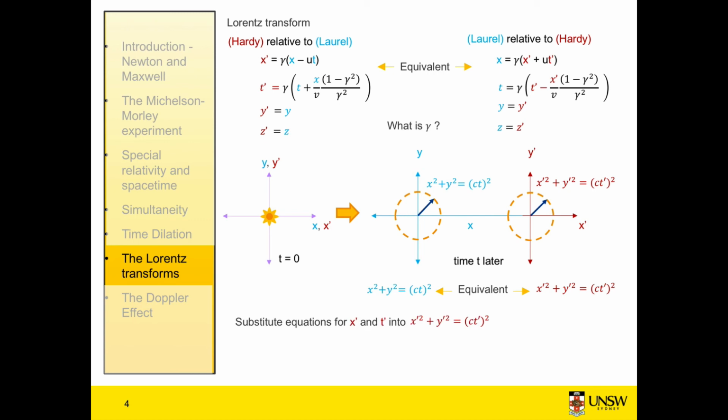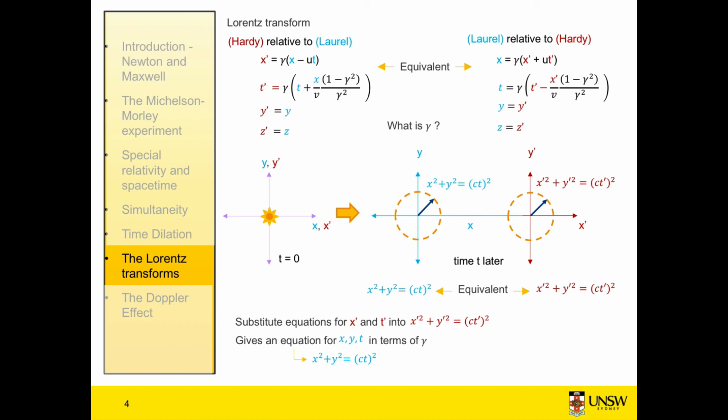So what we do is we substitute our equations, our Lorentz transforms, for x dash and t dash into the equation x dash squared plus y dash squared is equal to (ct dash) squared. And when we do that, we get an equation for x, y, and t in terms of gamma. And we know that that equation must be equivalent to the x squared plus y squared equals (ct) squared equation. So gamma is the term that makes that equation equivalent.